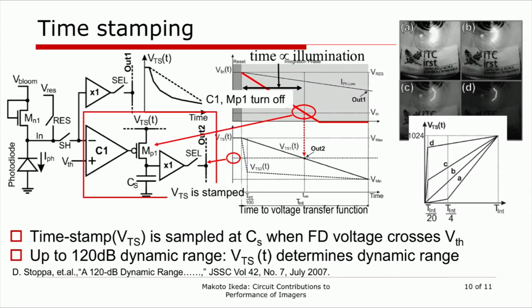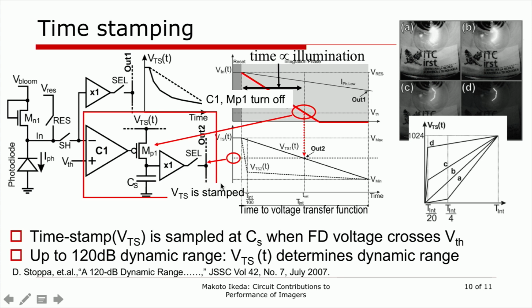Time stamping is another unique technique. For the case of low illumination, the signal is read out through the source follower as ordinary. In the case where wider dynamic range is required, the signal is compared with a threshold voltage, and then the time stamping signal is captured at that time. And then that voltage will be read out through these column parallel signals.